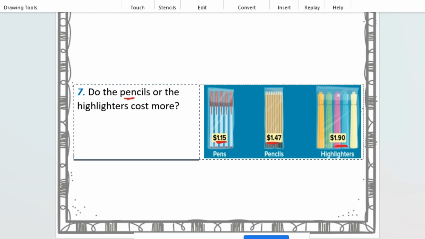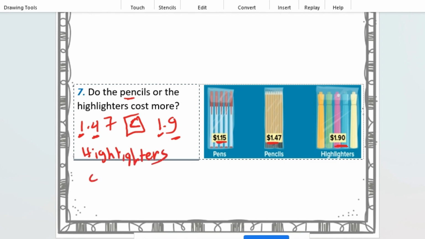Pencils are $1.47, and we have a highlighter at $1.90. So the first one is 1, here is 1, they are both the same, so we look at the second one. Here is 4 and here is 9. 9 is bigger than 4, which makes 1.9 bigger than 1.47, which makes the highlighter cost more.